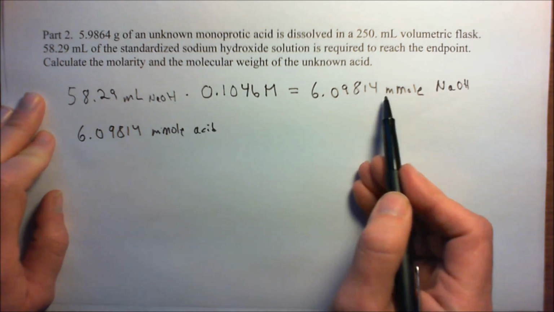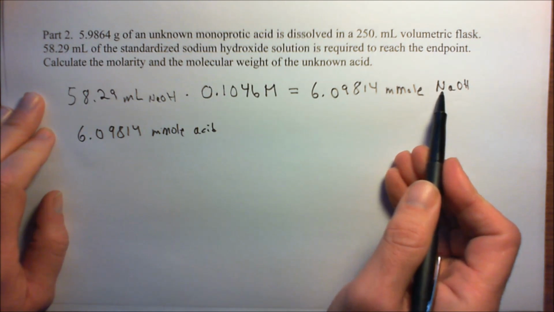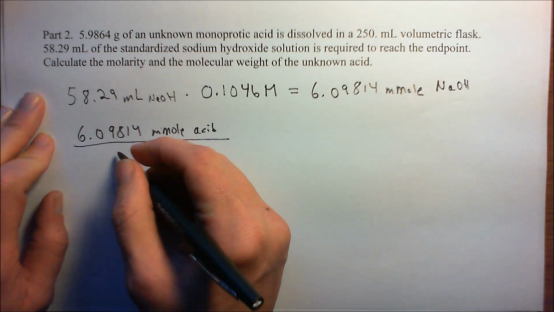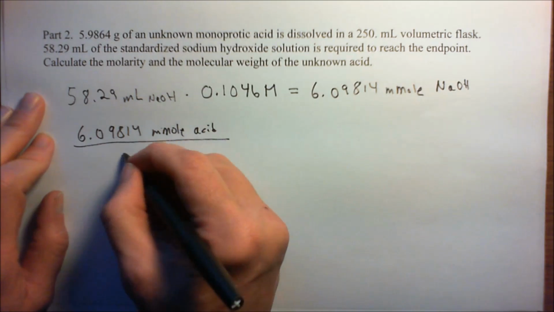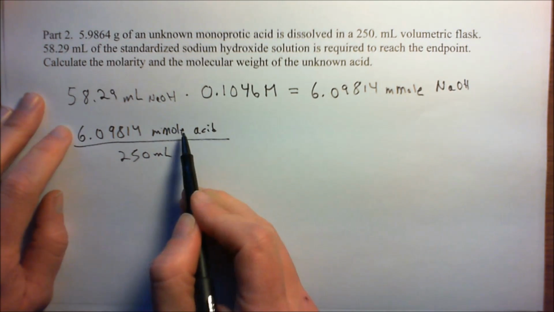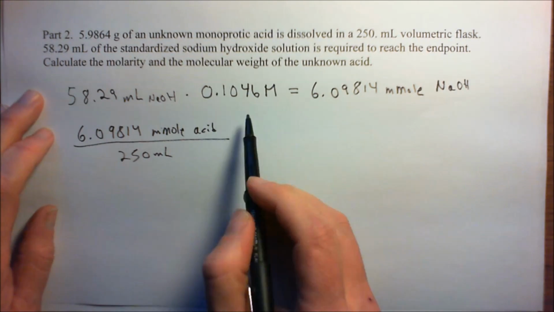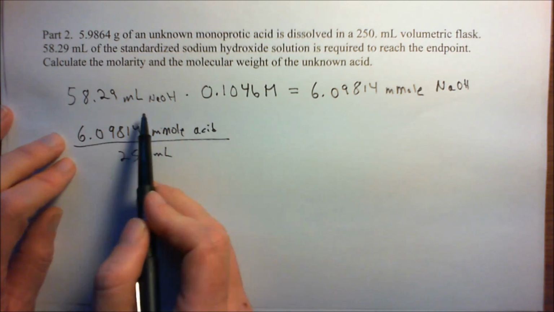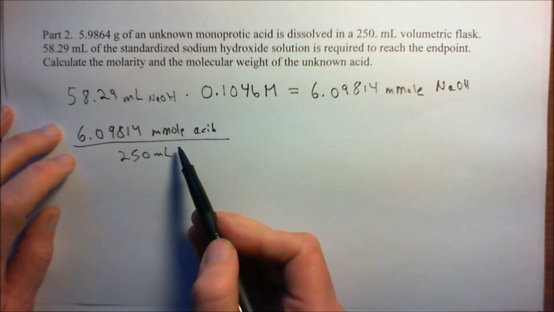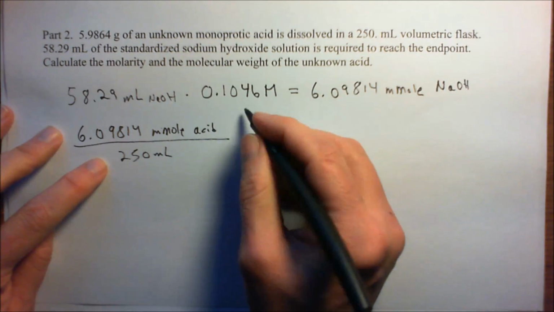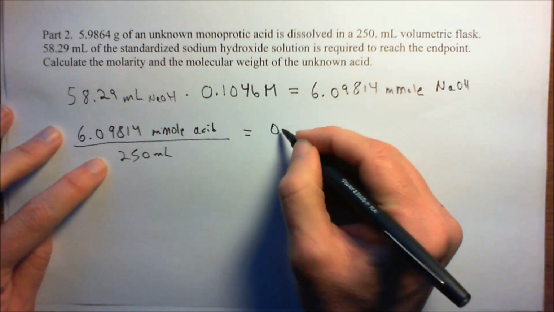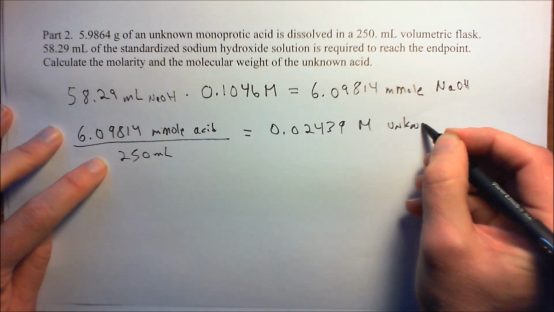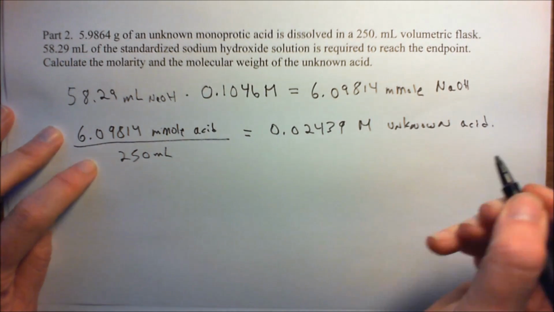Remember, it's 1-to-1, so however many millimoles of sodium hydroxide we use for titration is exactly equal to the millimoles of the unknown acid, and that's per volume, which was 250 milliliters. That's the millimoles in the original. Now you've got to keep them straight, because this is the milliliters of the sodium hydroxide titration. This is the milliliters of the acid that was in that solution to begin with. And that gives us a 0.02439 molarity of the unknown acid. Okay, just to show you that you can do that.